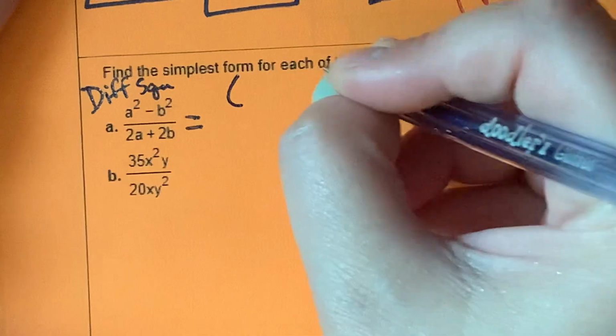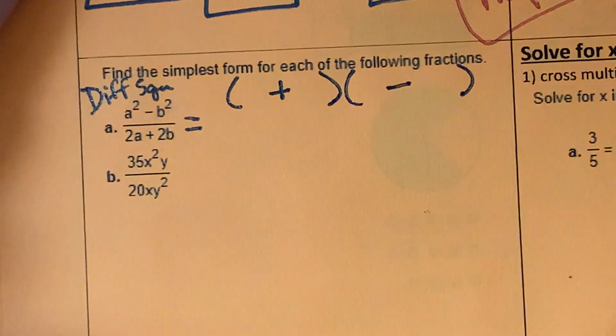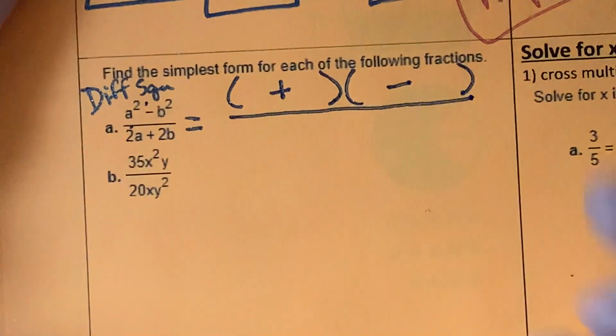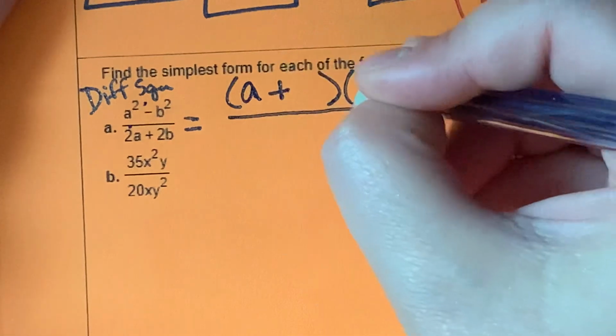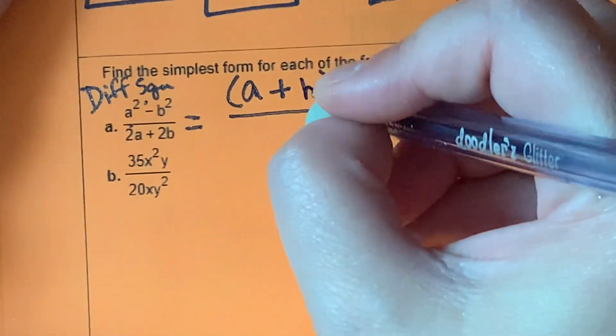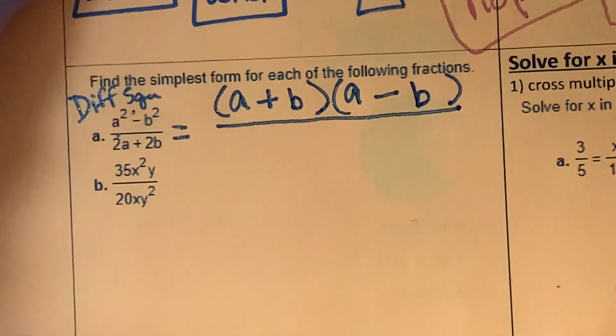And I'm just going to put 2 parentheses with a plus and a minus. And then I'm going to say, okay, what squared gives you A squared? Them A's. What squared gives you B squared? Them B's. Okay, good. So the top's done.